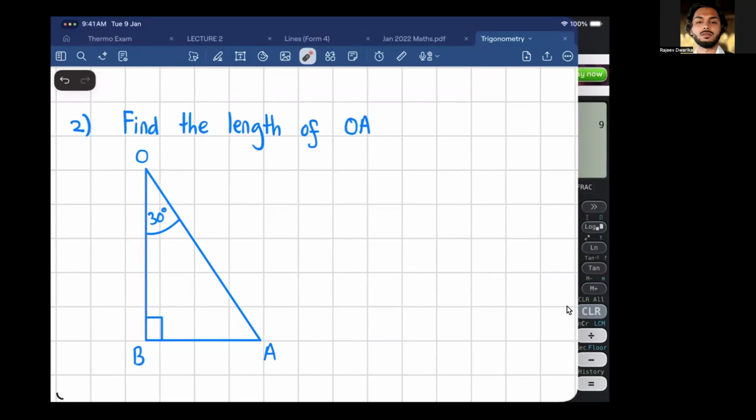Yes, sir. What would I label side OB? Hypotenuse, adjacent, or opposite?